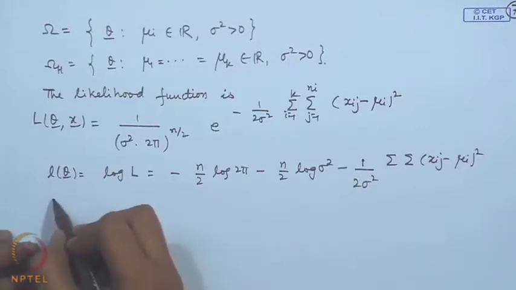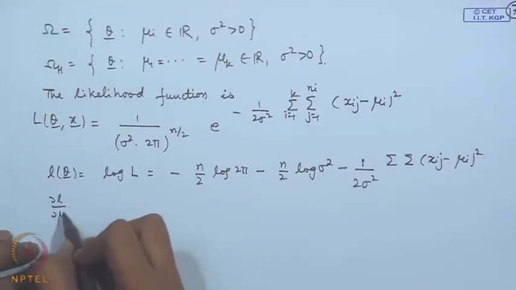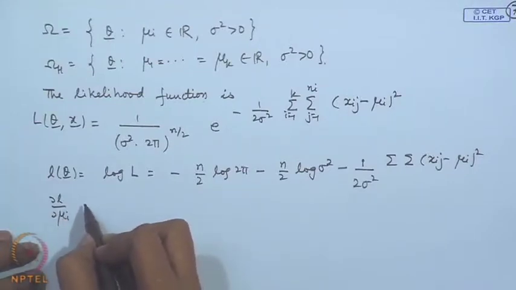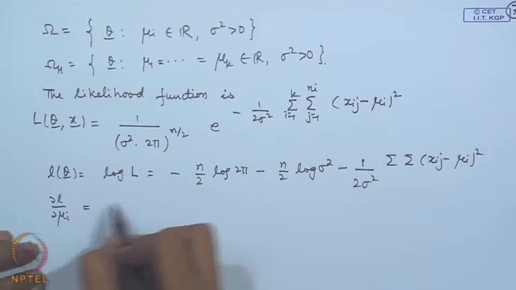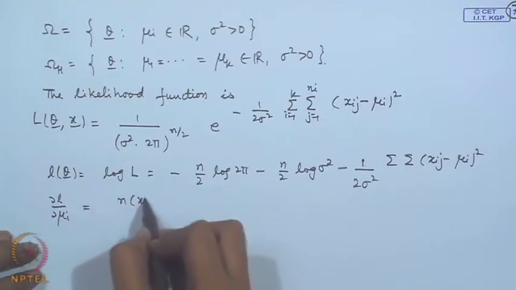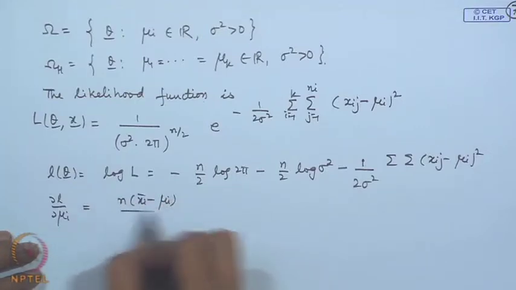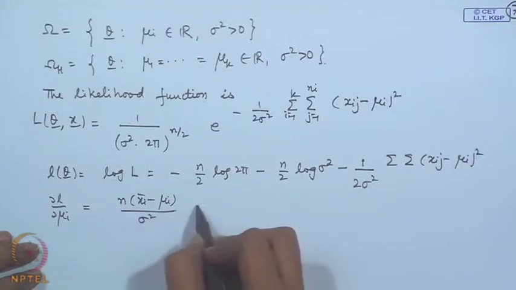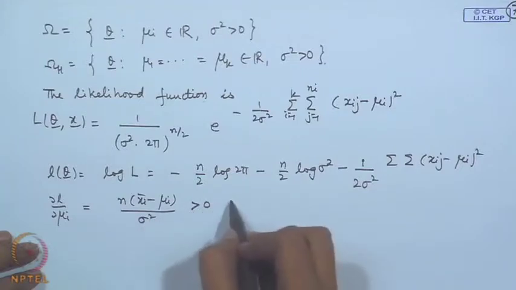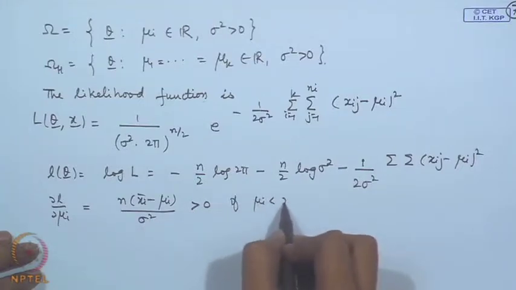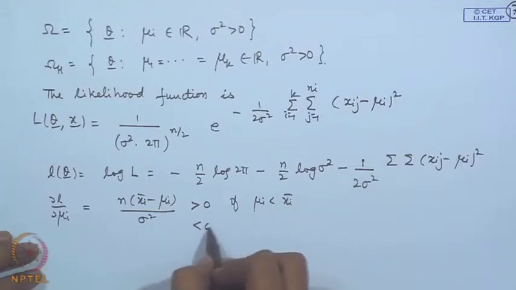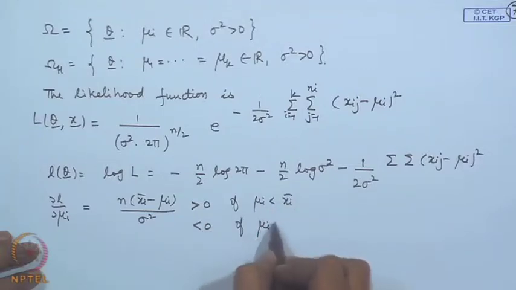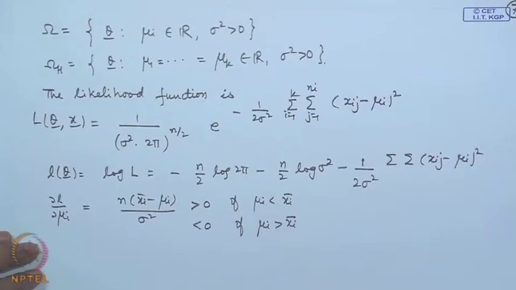Now, easily you can see that if I consider the derivative with respect to mu i, then I will get n x i bar minus mu i divided by sigma square. So, this is greater than 0 for mu i less than x i bar, and it is less than 0 if mu i is greater than x i bar.